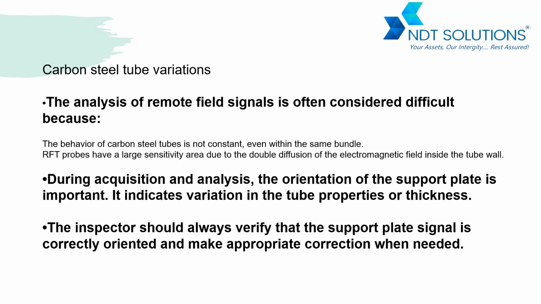All of this is because of changes in permeability, changes in thickness value, or maybe a defect near the baffle plates. These are all factors which may vary the baffle plate signal that appears.